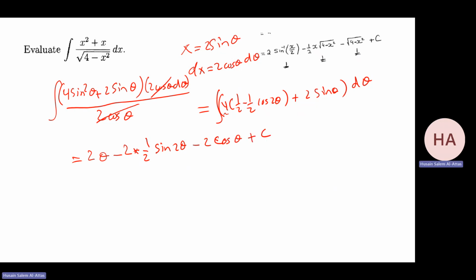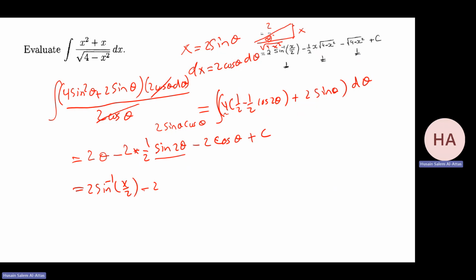Now I need to change everything in terms of x. I need the triangle. Sine is opposite over hypotenuse. The adjacent side will be square root of 4 minus x squared. Okay, so that will be 2 sine inverse x over 2. Sine 2 theta is 2 sine cosine. So that will be minus 2.